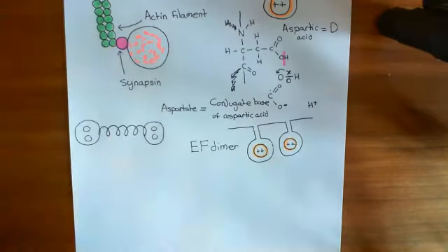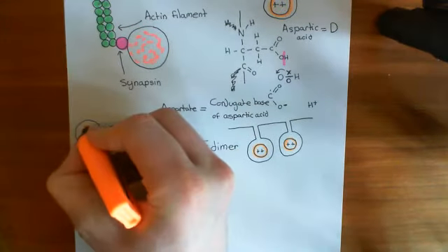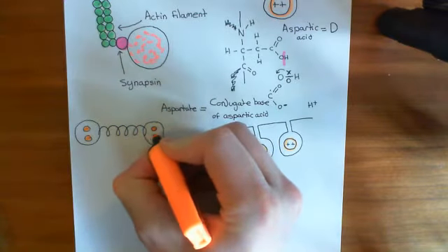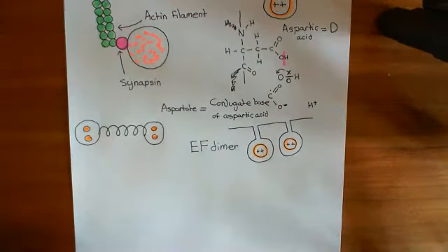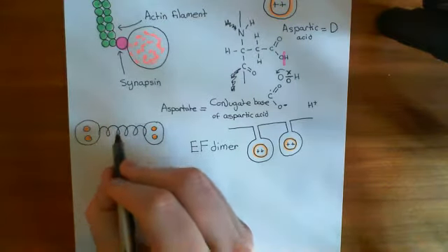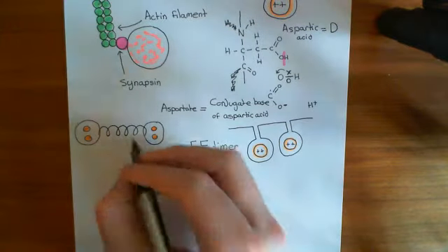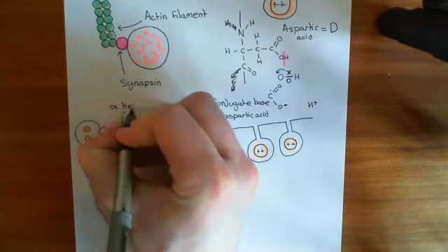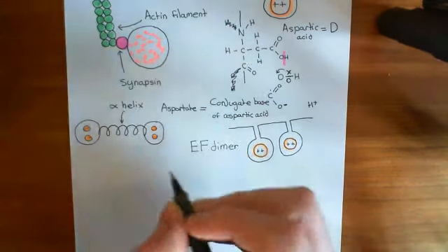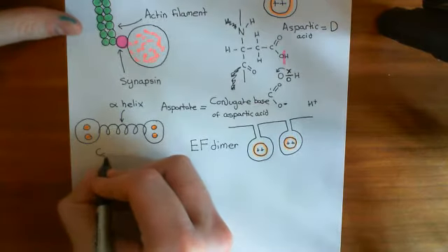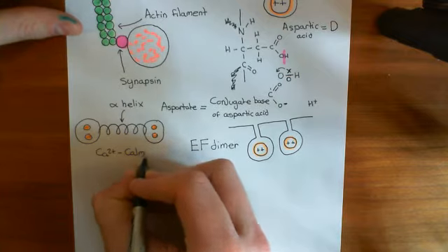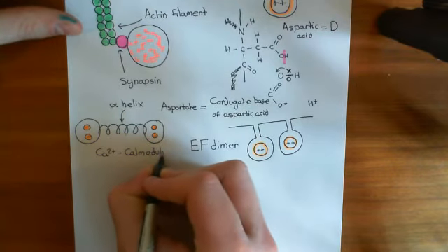So I'll draw the calcium bound. We'll have calcium in here, calcium in here, calcium in here, and calcium in here. And you've now got this alpha helical linker between them. So this is an alpha helix here.